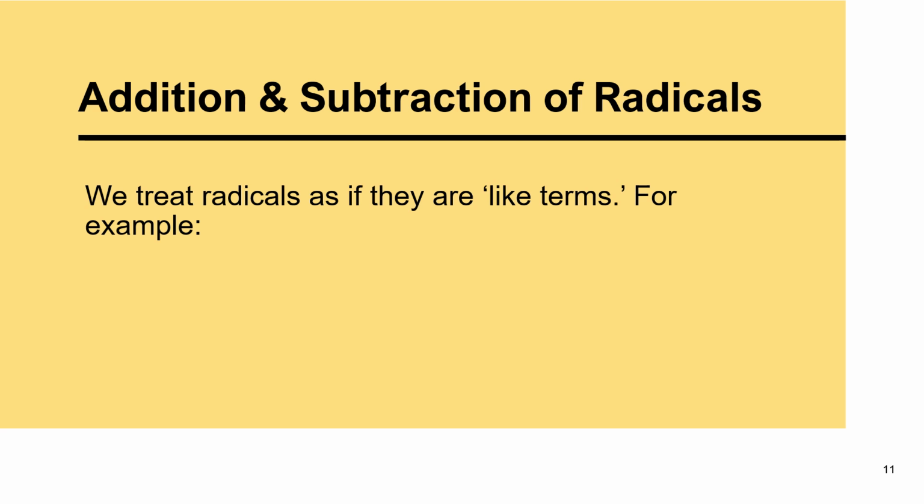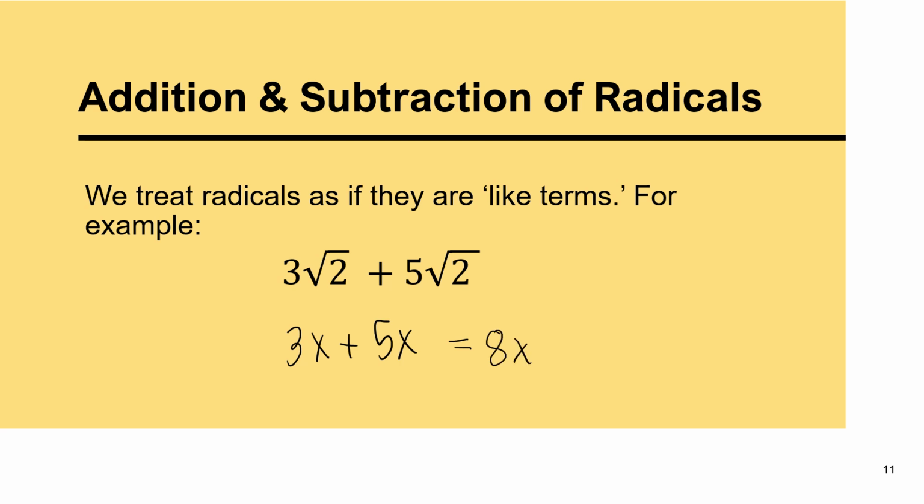So for example, if you had something like 3 times the square root of 2 plus 5 times the square root of 2, you're just going to treat this as if it was something like 3x plus 5x. Right, so those are like terms, and you would say, okay, well, these are like terms, so I'm going to add their coefficients. So 3x plus 5x becomes 8x.